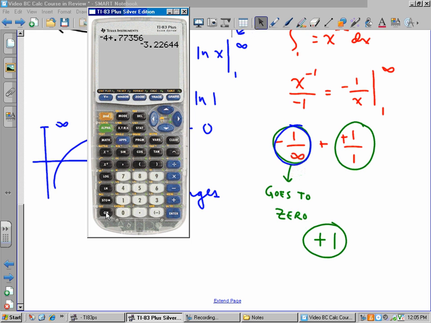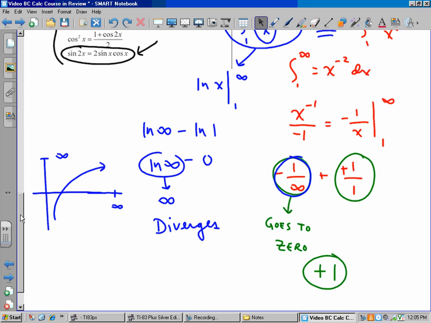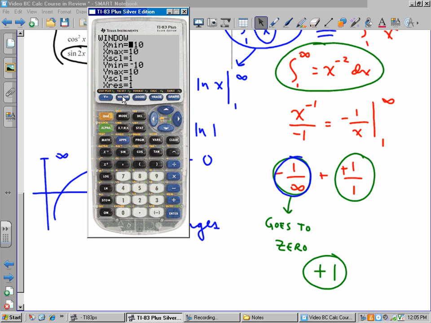Let me just show you real quick on the graphing calculator. If I'm integrating 1 divided by x squared from 1 up to 10, I would get 0.9. Now keep in mind I'm integrating from 1 to infinity. So from 1 to 10 is 0.9. Let's open the window up a little bit.